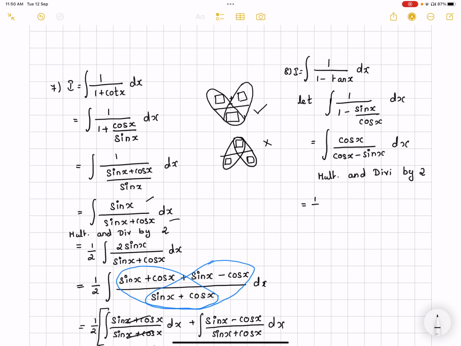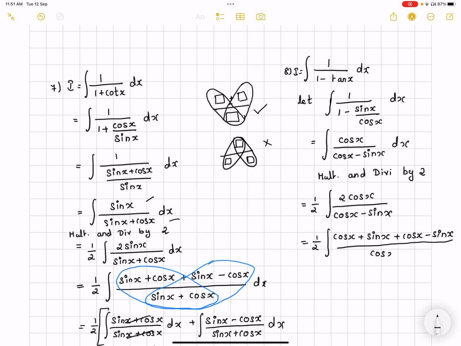In that case, I would be having 1 by 2, 2 times cos x divided by cos x minus sin x. So here I would be having 1 by 2 cos x plus sin x and then plus cos x minus sin x divided by cos x minus sin x.